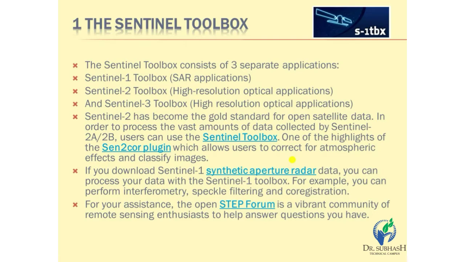One of the highlights of the Sentinel Toolbox is the Sen2Cor plugin, which allows users to correct atmospheric effects and classify images. We can use the Sentinel Toolbox for atmospheric correction and classification of images in terms of various layers like carbon concentration, sulfur concentration, nitrogen concentration, and various atmospheric parameters.